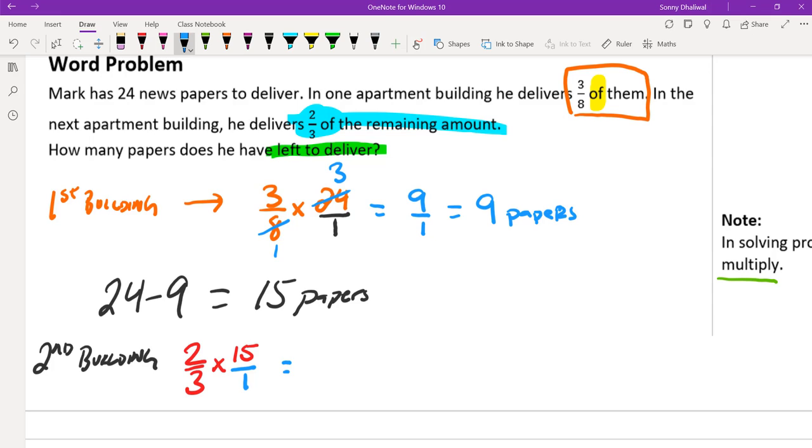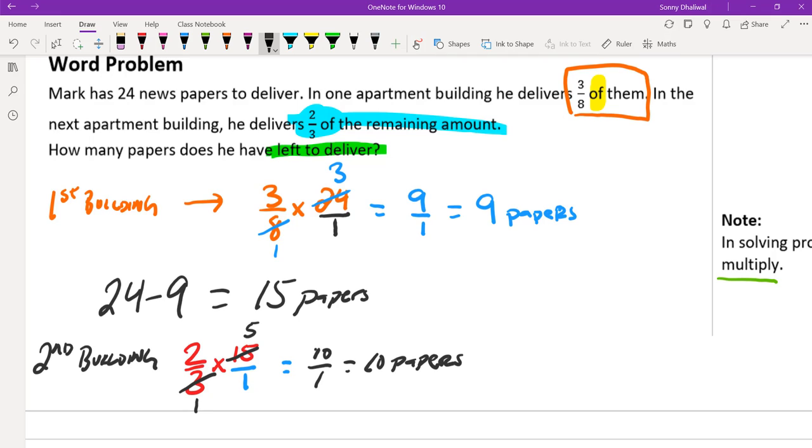So we look to simplify. Yes, Eddie? 3 and 15. 3 goes into itself once, 15 5 times. We're left with 2 times 5, which is 10 over 1, which is 10 papers.